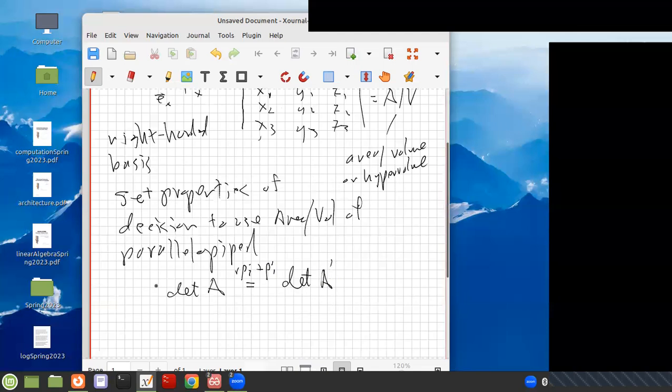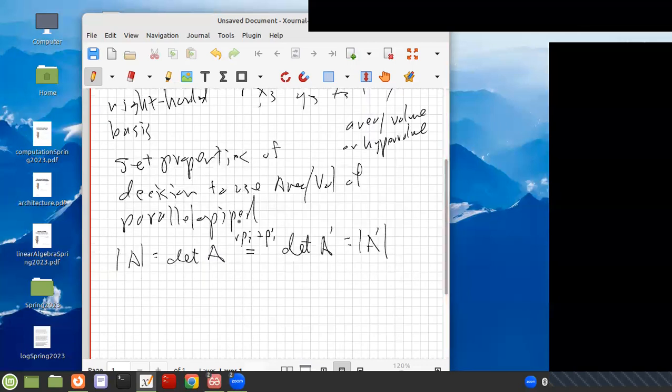We also reuse the absolute value notation because that's easier to write than writing DET all the time. So doing row operations doesn't change the value of the volume or area, or the determinant. On the other hand, scaling does.